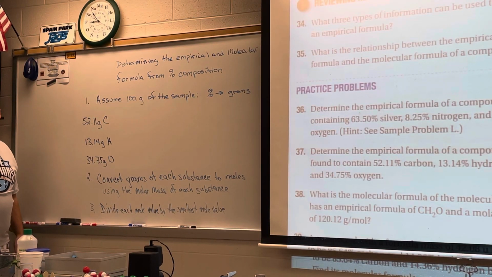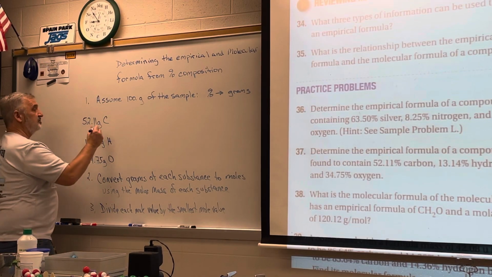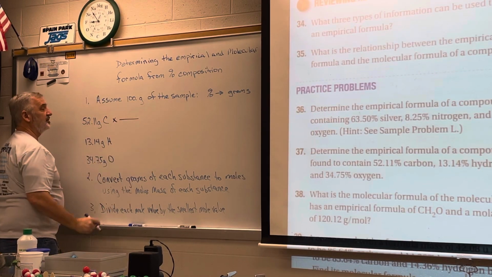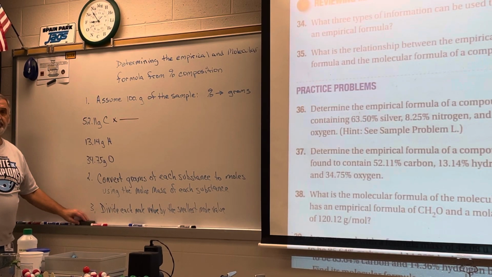Right? Step 2. Convert grams to moles. So how am I going to do that? Somebody tell me. I'm going to use the molar mass of carbon, which we all know to be 12.01.